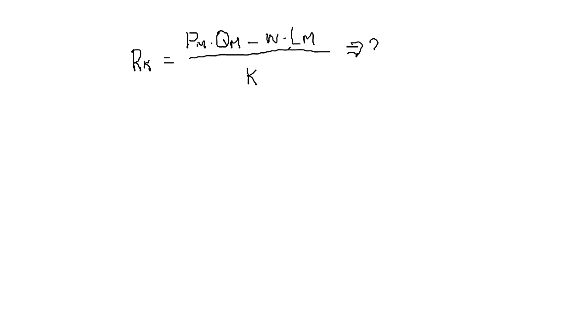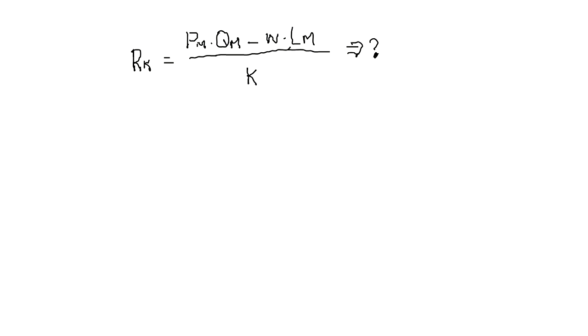If you go back to the textbook, RK is equal to K times PM times QM minus W times LM. All of them are notation, right? So what's the meaning of this equation? And this is the beginning of this question.